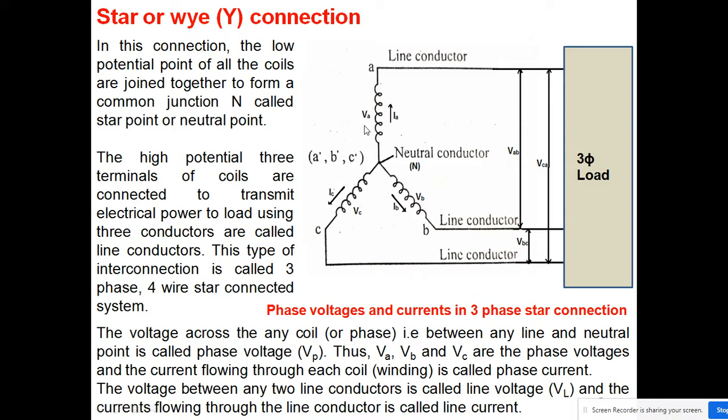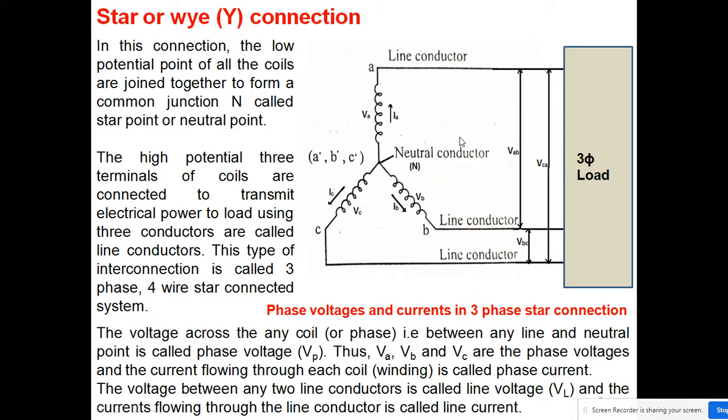So Va is the phase voltage, Vb is the phase voltage, and Vc is the phase voltage. And the current flowing through these windings, or you can say these coils, are called the phase currents. So Ia is the phase current, Ib is also a phase current, and Ic is also a phase current here.